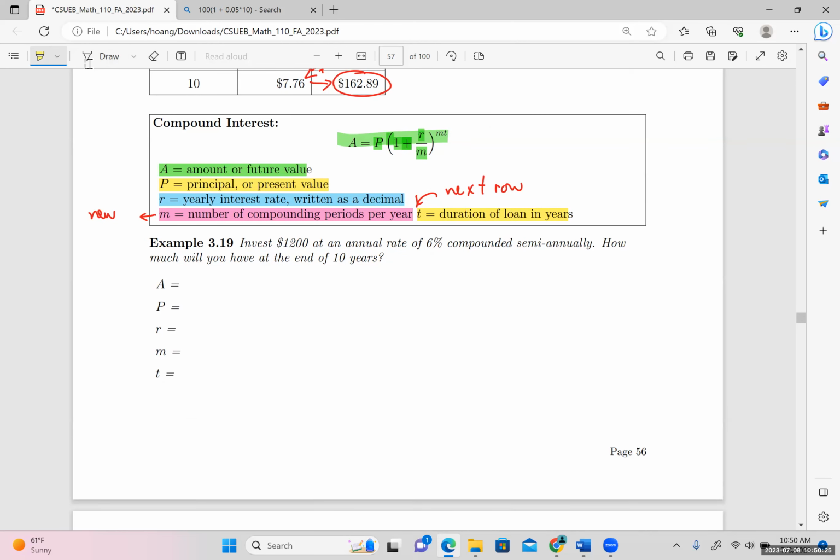First, example 3.19. Invest $12,000 at an annual rate. Does invest $12,000 mean it is an initial amount or a future amount?